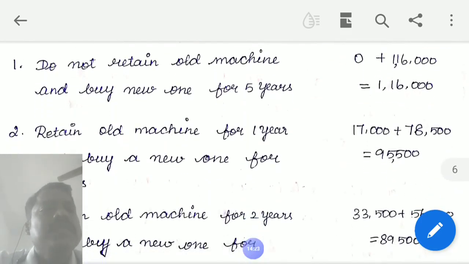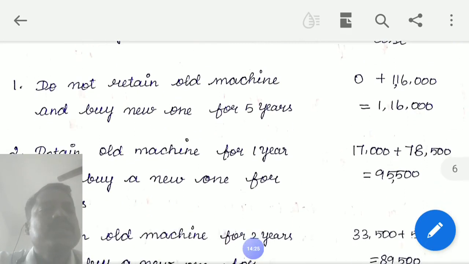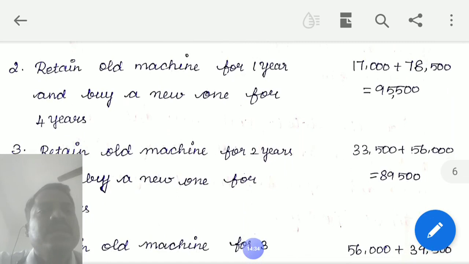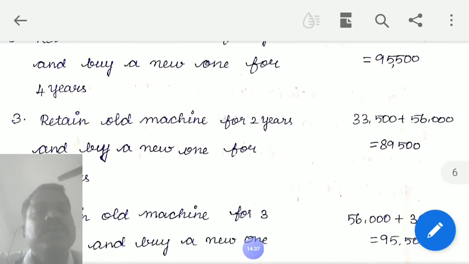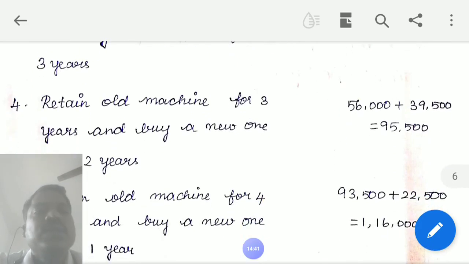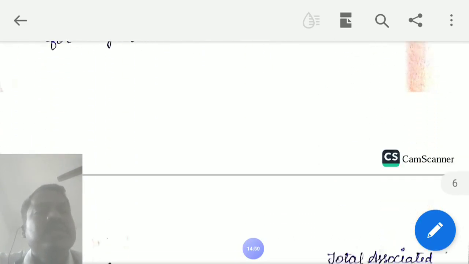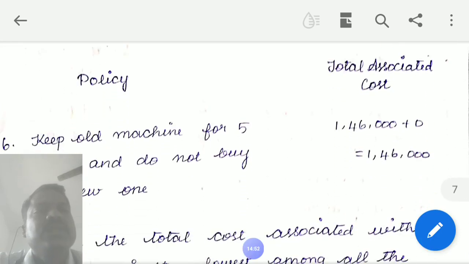The total associated cost of policy 1 is 1,16,000. Policy 2 is 95,500. Policy 3 is 89,500. Policy 4 is 95,500. Policy 5 is 1,16,000. Policy 6 is 1,46,000.